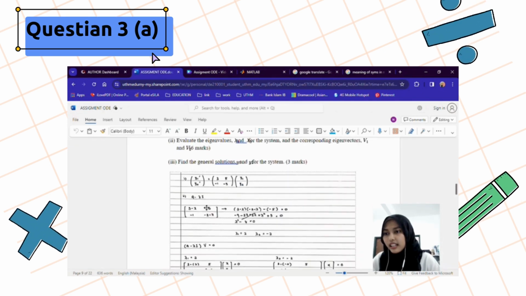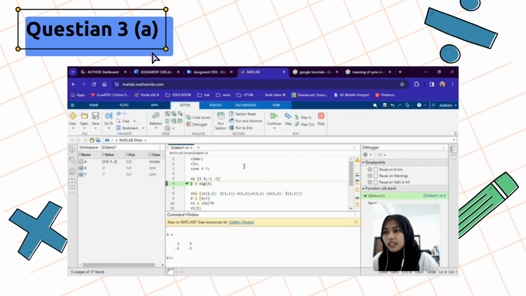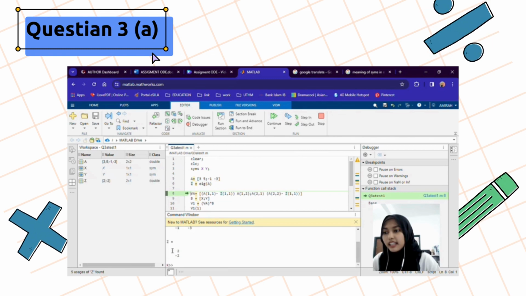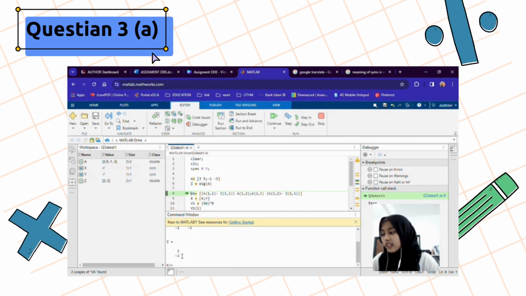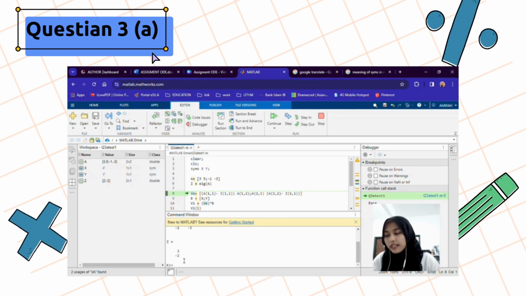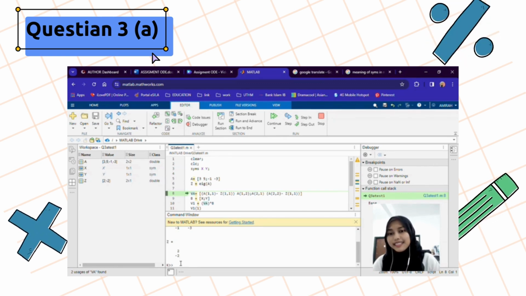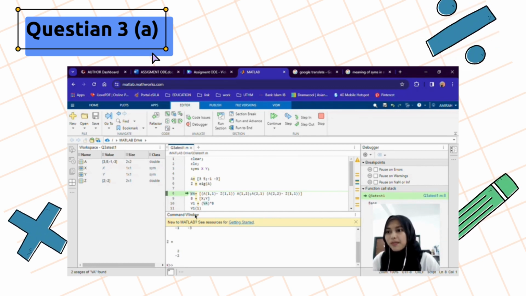Just like this step, we have to find the values of lambda 1 and lambda 2. So we write the code like this, and then it will display the matrix z: 2 and -2, where 2 is the value of lambda 1, and negative 2 is the value for lambda 2.